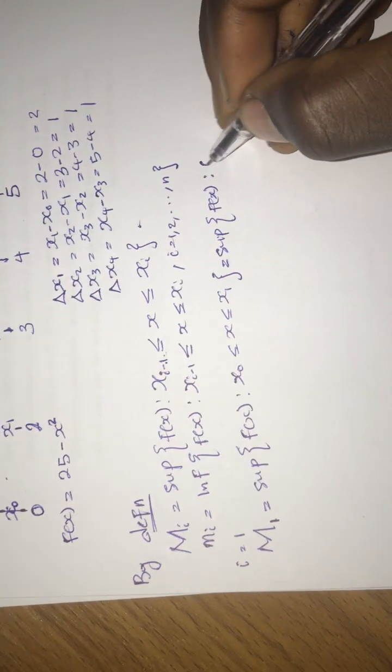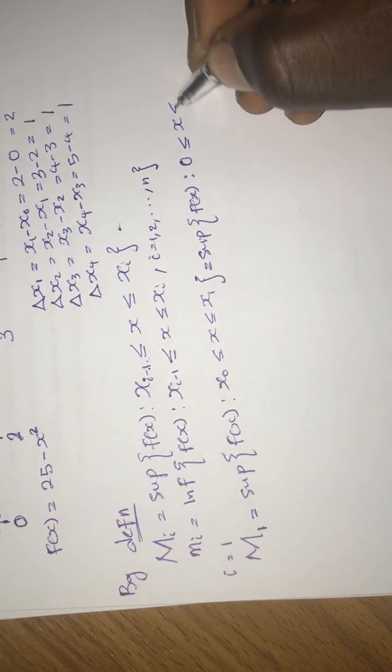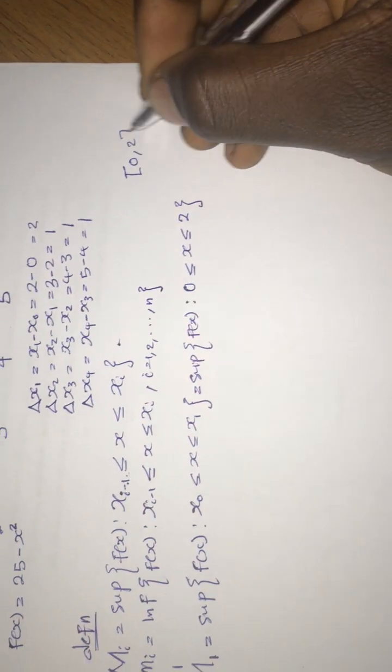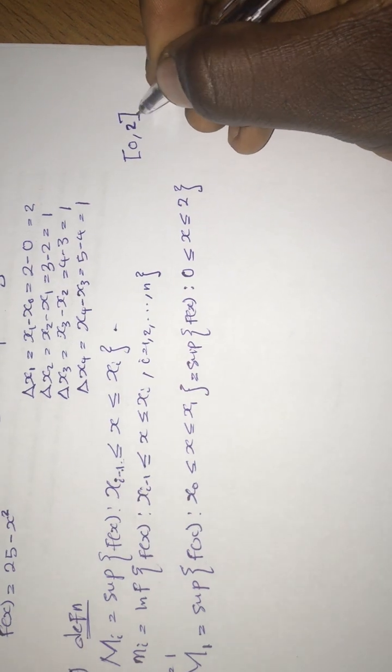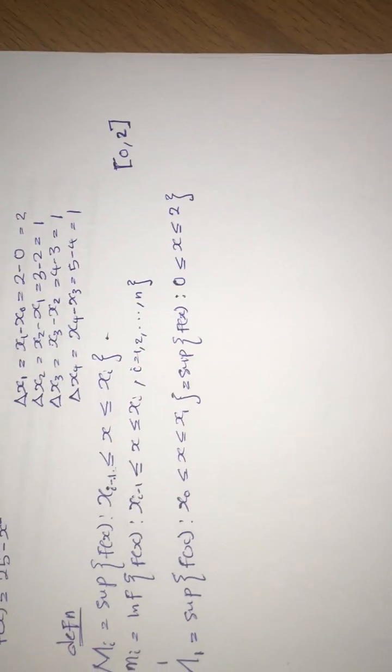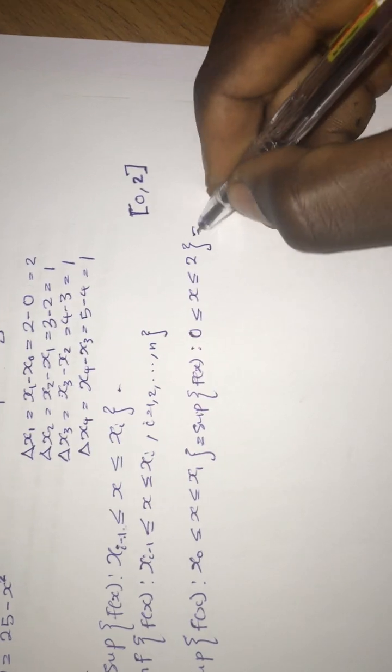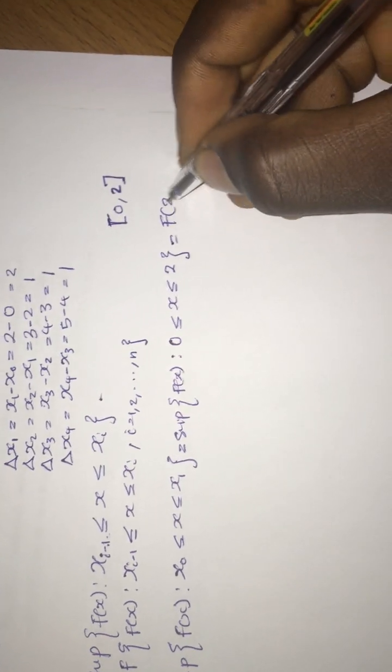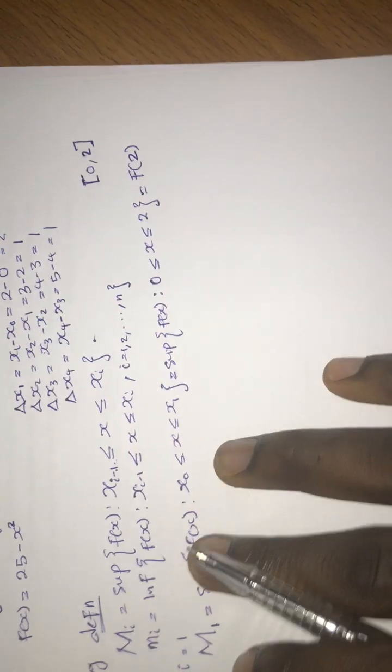Now x0 is 0, so 0 is less than or equal to x, less than or equal to 2. So the supremum within the range of 0 to 2. I explained something in the last video about maximum and minimum. If the max of this is 2 and it is a closed interval, definitely our supremum is also 2. So the function acts on the supremum on this boundary.